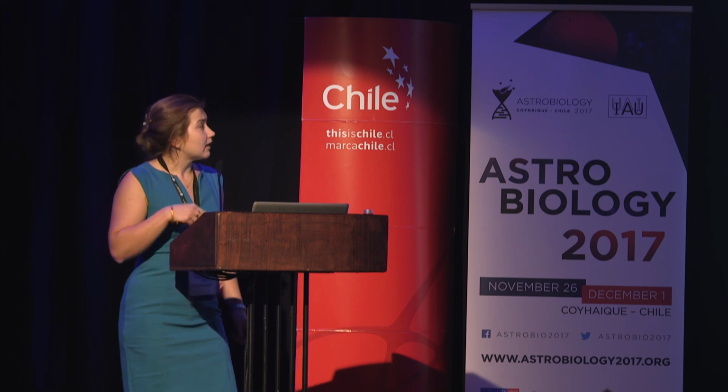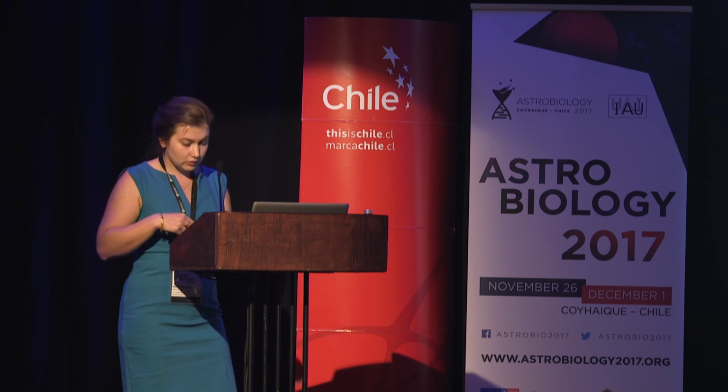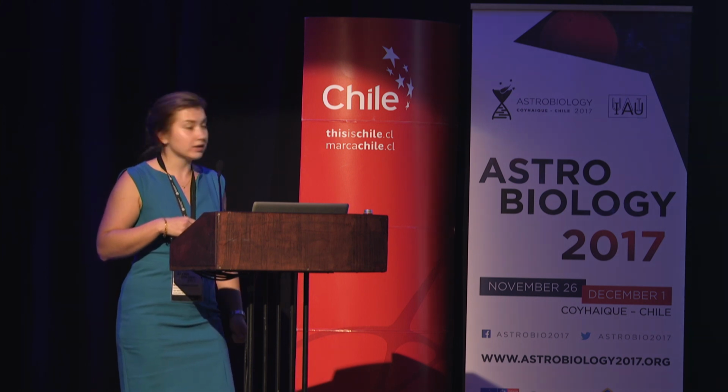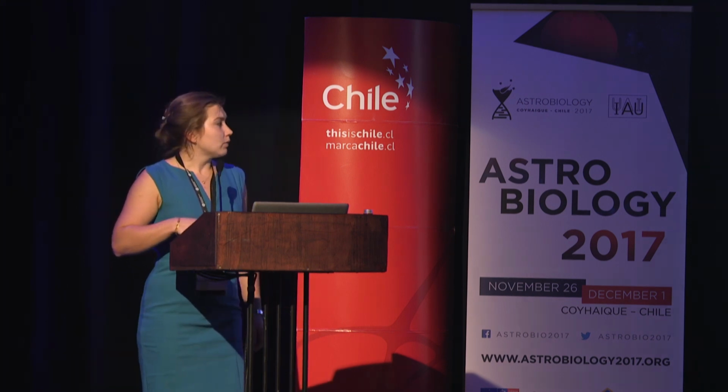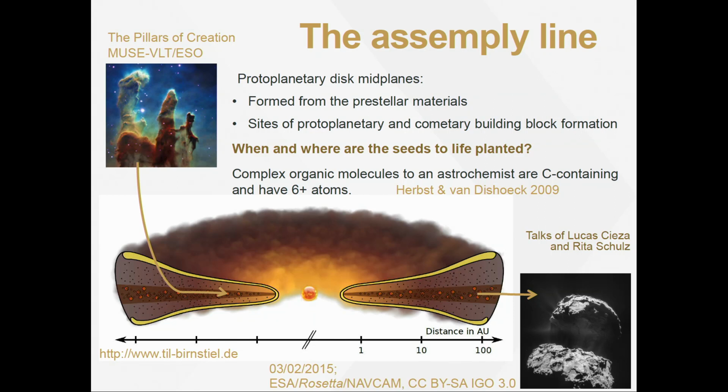All of this was already very nicely introduced, so I will not spend much more time here and will try to zoom in on where we're actually making these building blocks for comets and planets.